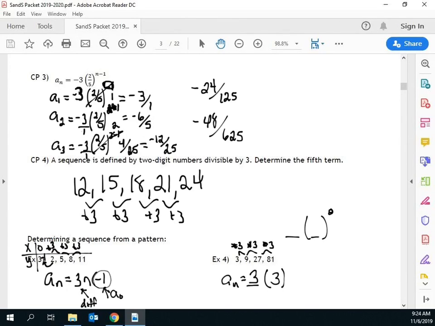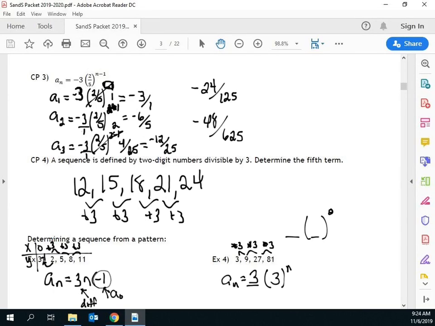Okay, so how do I increase the number of times I'm multiplying something? Where would that be located? The exponent, the power. Remember guys, if I'm going along on terms, I'm increasing by 1 every time. First term, second term, third term, fourth term.